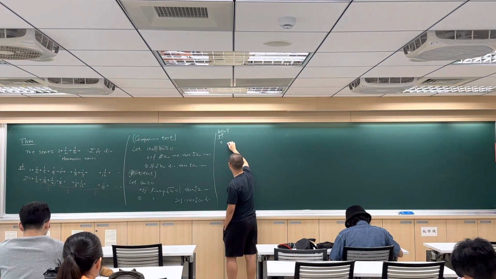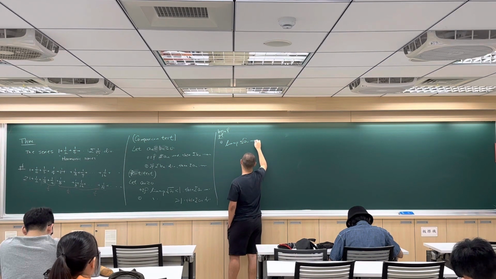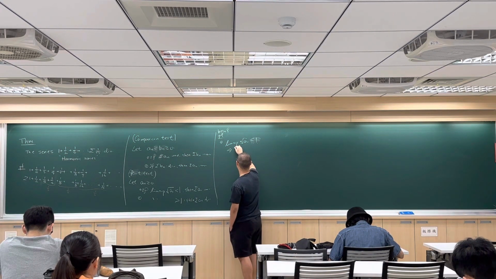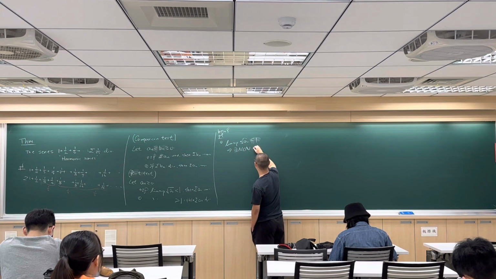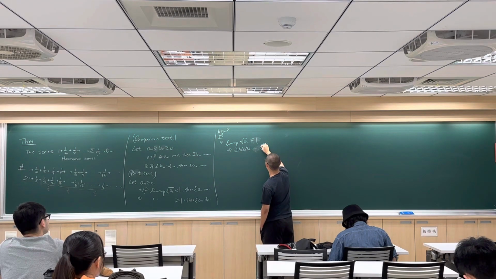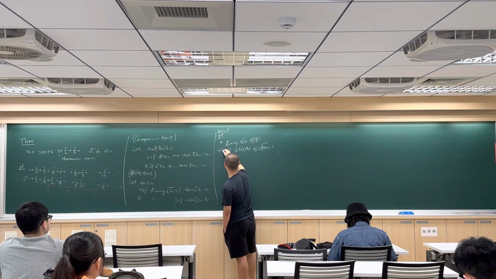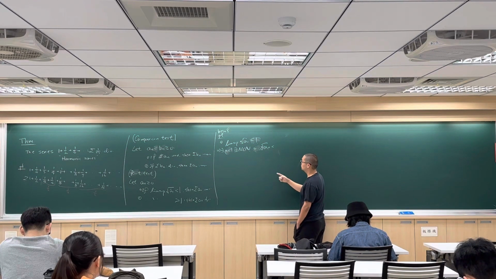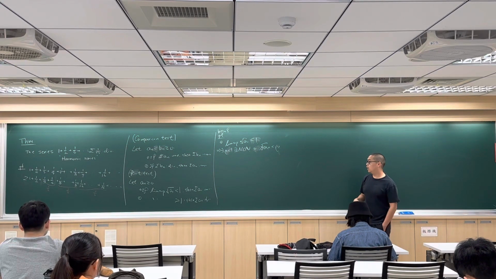So if limsup is less than 1, then there exists a large enough n such that an to the 1 over n is less than beta, where beta is less than 1. And why is this?